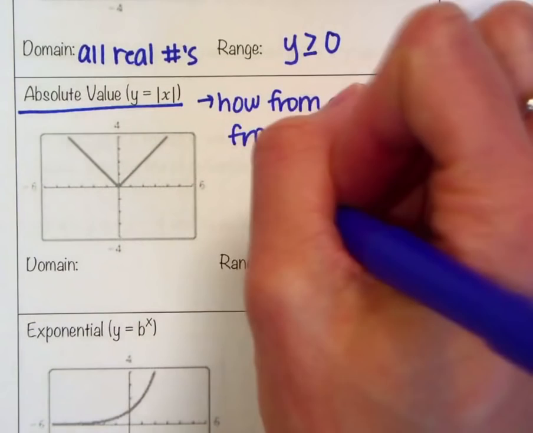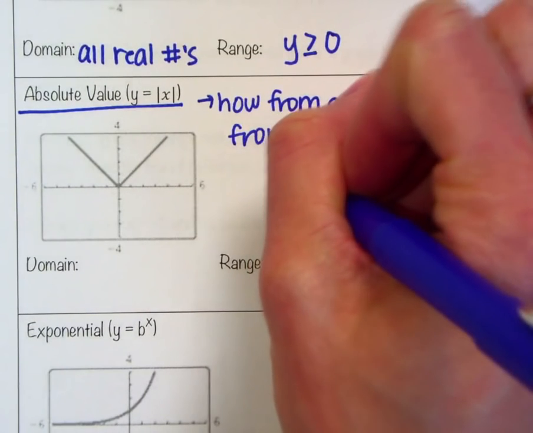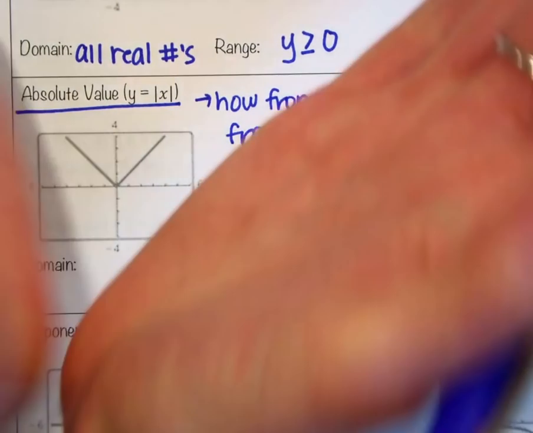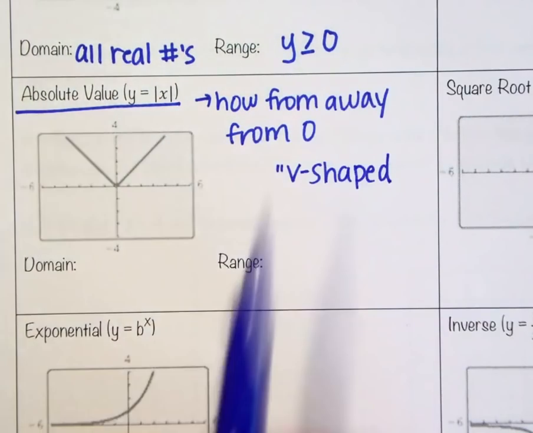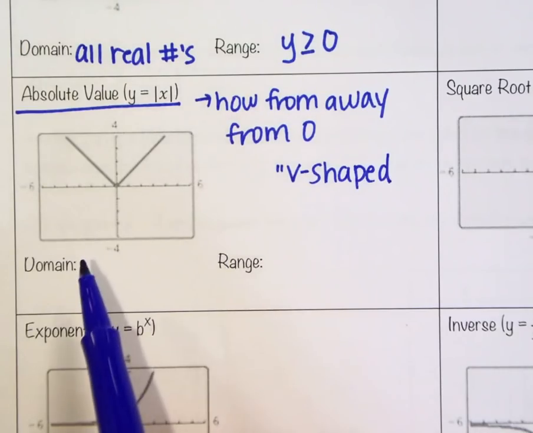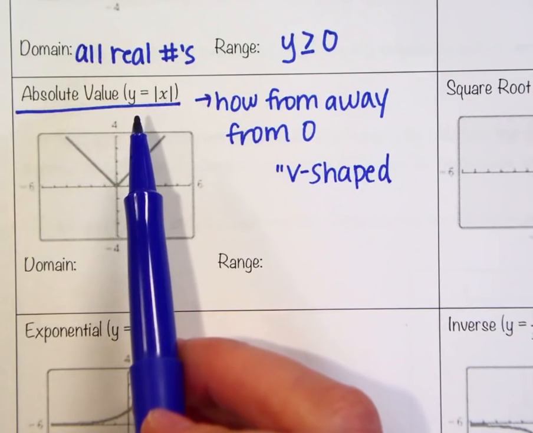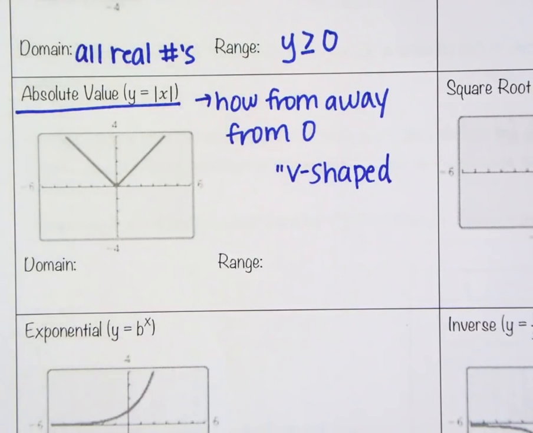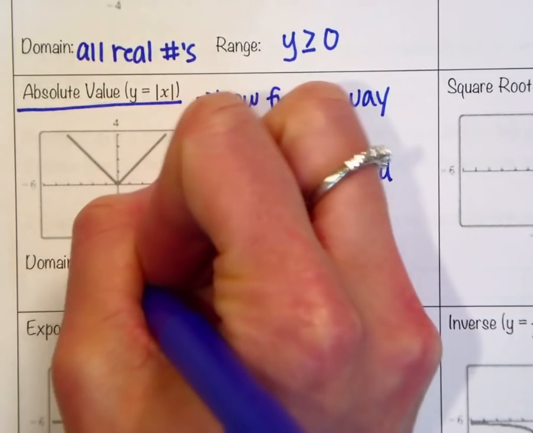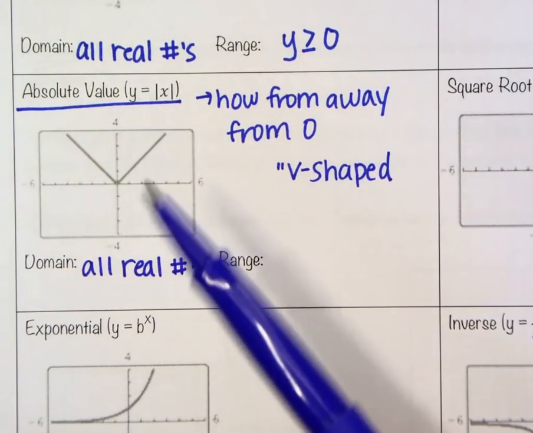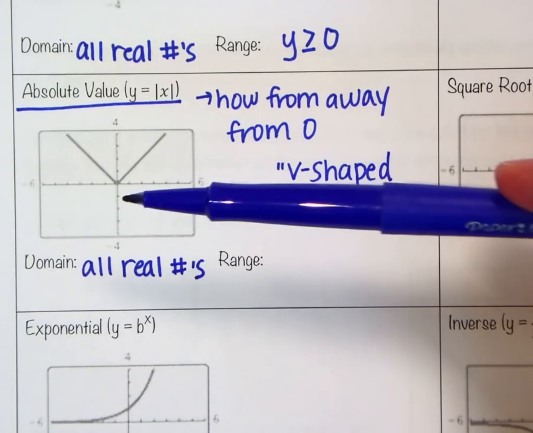Okay? And so this will always be V-shaped. So kind of 2 lines that connect there. So if we again think about the domain, what are we allowed to plug in? Well, you can take the absolute value of any number because any number will be some distance away from 0. So once again, our domain is all real numbers. But if we look at our graph again, it looks like this.